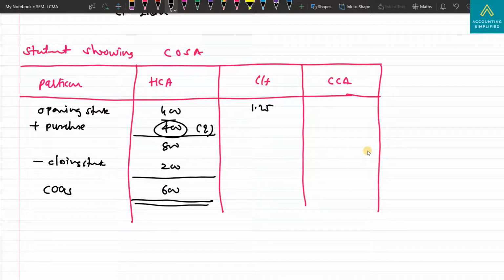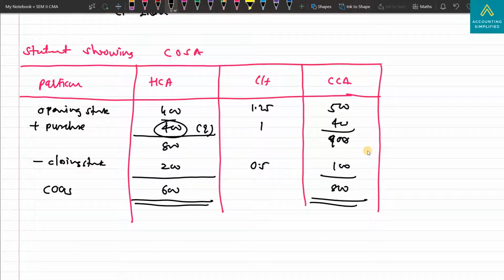Average conversion factor will be applied to this, and closing conversion factor will apply to this, right? So multiply 400 into 1.25, it's 500. Total it becomes 900, and this is 100. So remaining amount is 800, right?